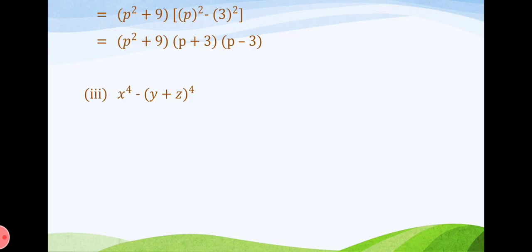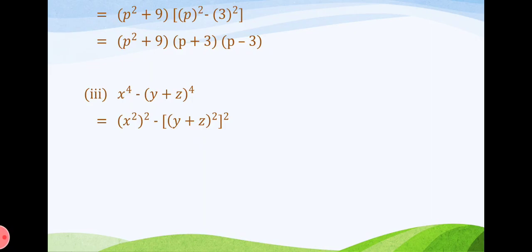So we first write the squares, that is x square whole square minus y plus z whole square whole square, because we know that when we multiply power raised to power, x square raised to 2, that is 2 into 2, we will get x raised to 4. Similarly y plus z whole square raised to square, 2 twos are 4, so we will get our question back.